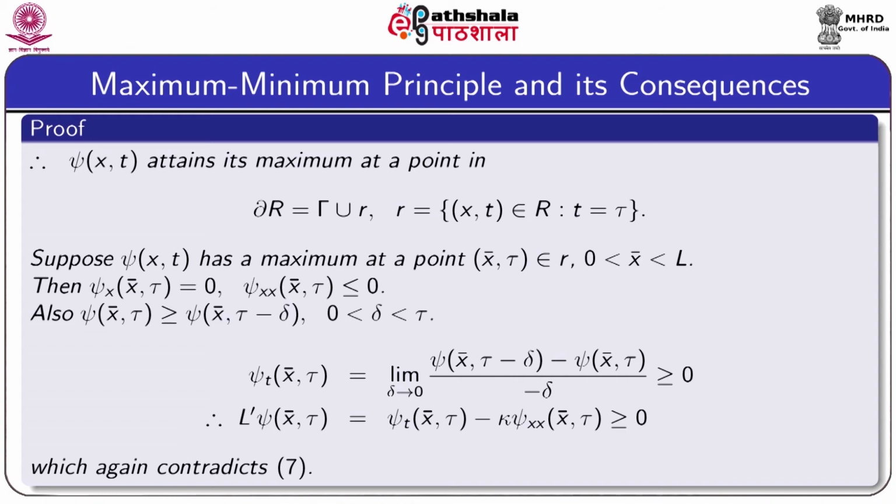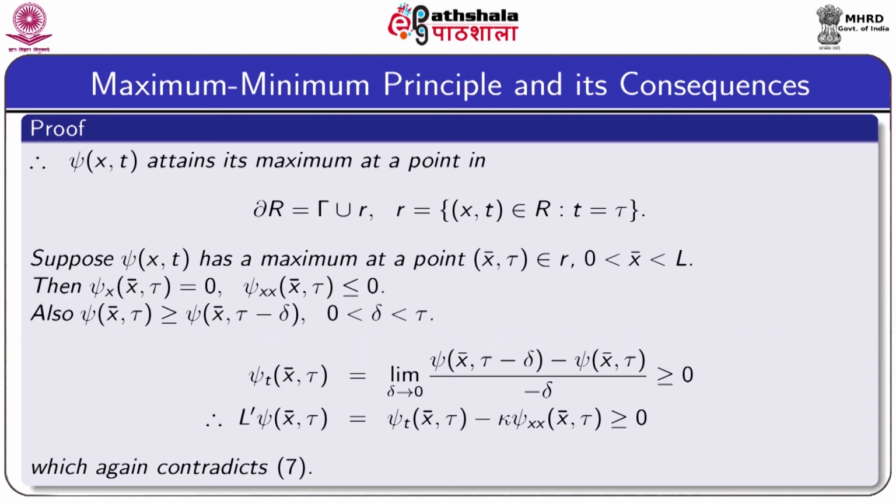Now, the numerator of this expression is less than 0 using the property written here, and the denominator -δ is less than 0. So, we get that this ratio is greater than or equal to 0.